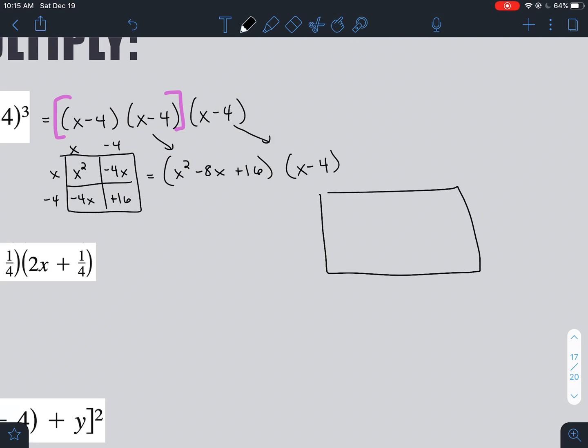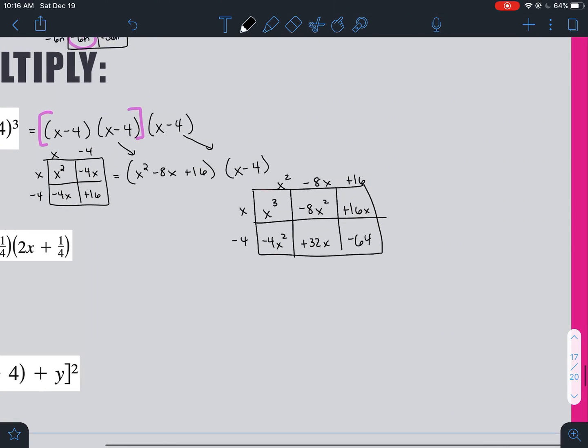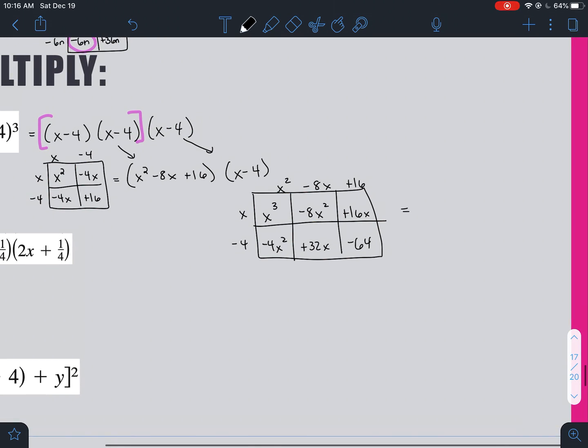So now I have to take x squared minus 8x plus 16 times x minus 4. So let's make our box. So x squared minus 8x plus 16 times x minus 4. And we get x cubed minus 8x squared plus 16x minus 4x squared plus 32x minus 64.